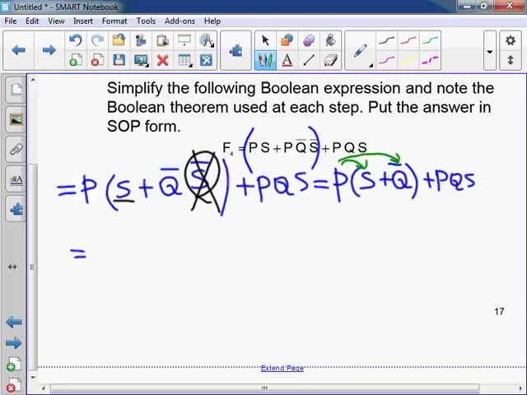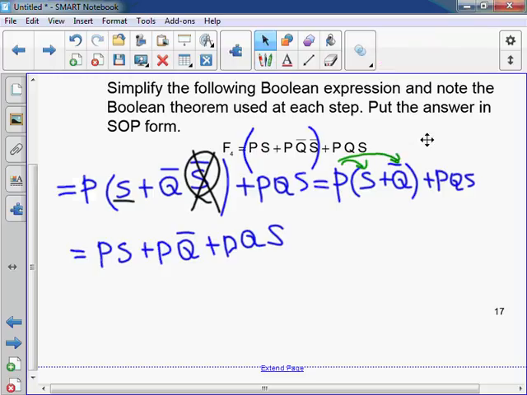So now my expression looks like this. Yes. Can you put them together again? Sure. Now, once again, I can take it out.